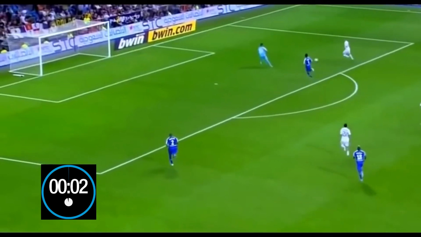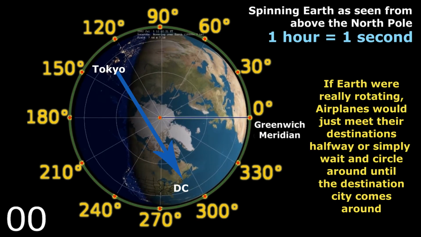So if airplanes were really rotating around the Earth, they should calculate their flights towards where the airplane will be, as for example this flight from Tokyo to Washington DC.